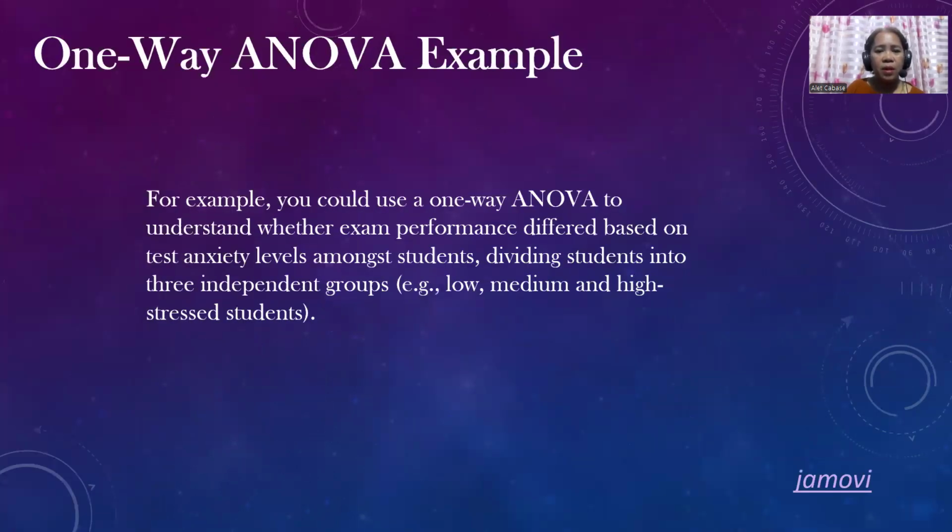So, for example, you could use a one-way ANOVA to understand whether exam performance differed based on anxiety levels among students, dividing students into three independent groups: low, medium, and high-stressed students. Okay, let's go to Jamovi.